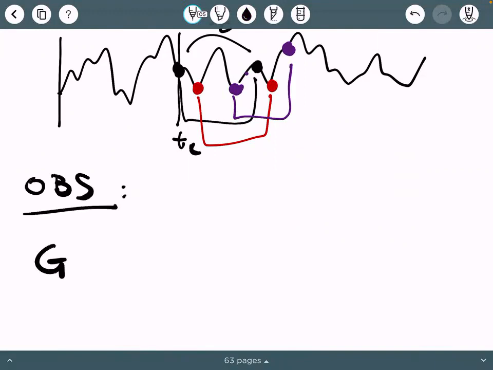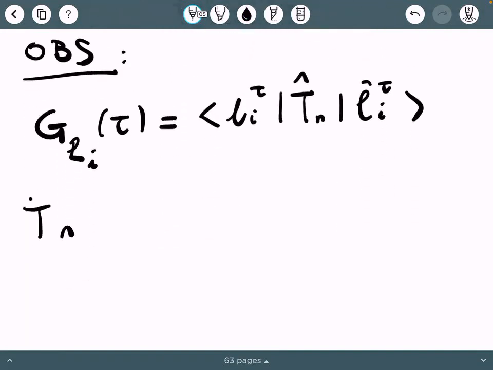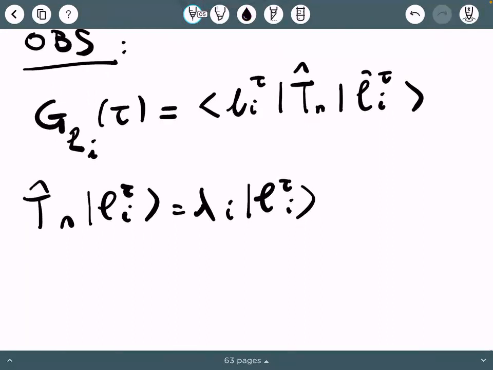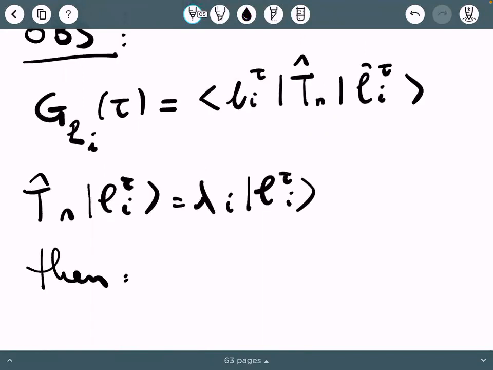If I choose this to be an eigenstate of the transfer operator, I'm using the small letter, then it is immediate to show that this is actually simply lambda i of tau.